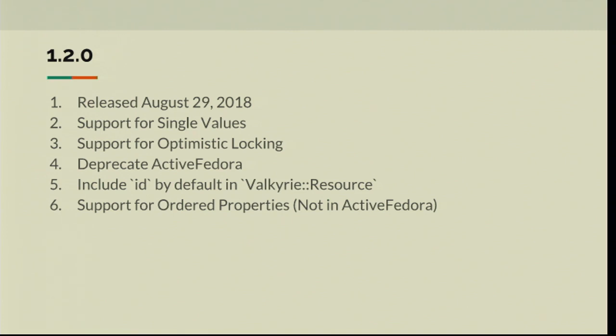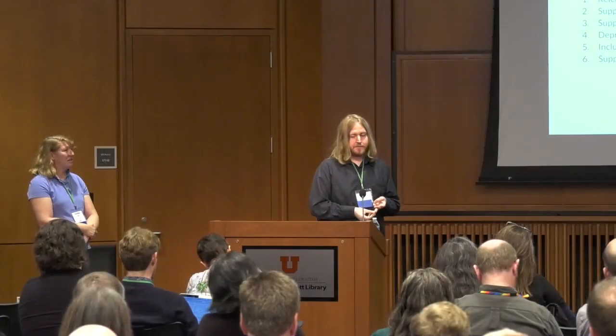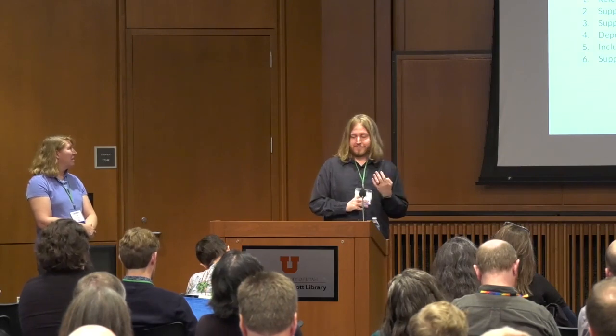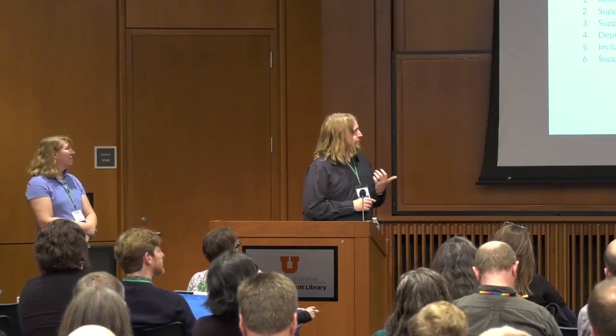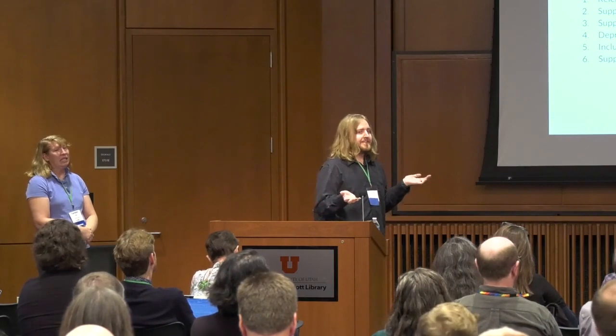We deprecated Active Fedora within Valkyrie, so it seems silly that to replace Active Fedora we depend on Active Fedora. Included ID by default, which was just a small, nice thing. And we added support for ordered properties, so if you care what order your authors are in, it'll work in any of your adapters. Yay.